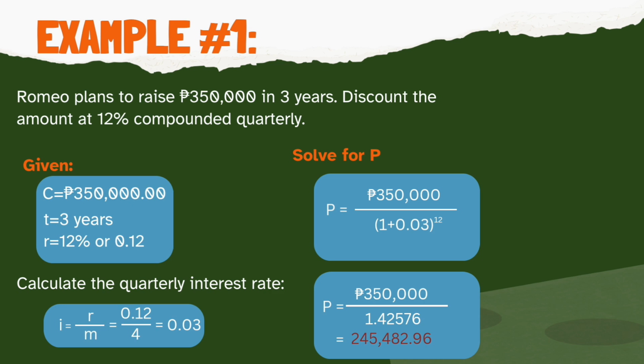Now, substitute the values into the formula. P is equal to 350,000 over (1 plus 0.03) to the power of 12.